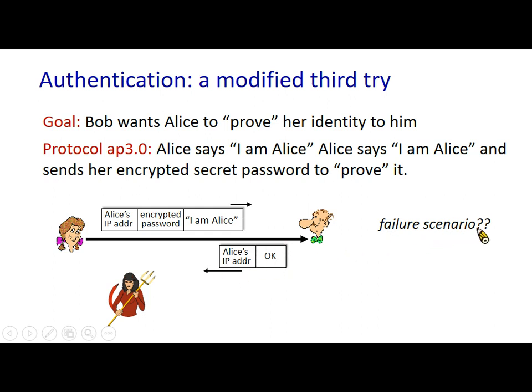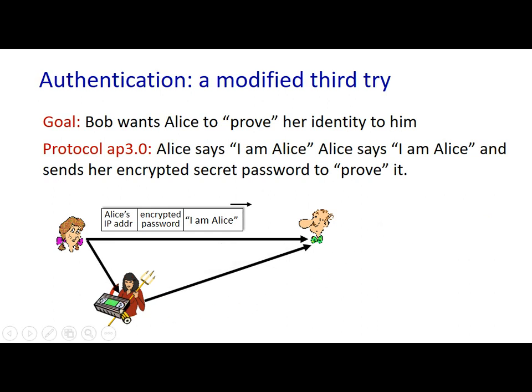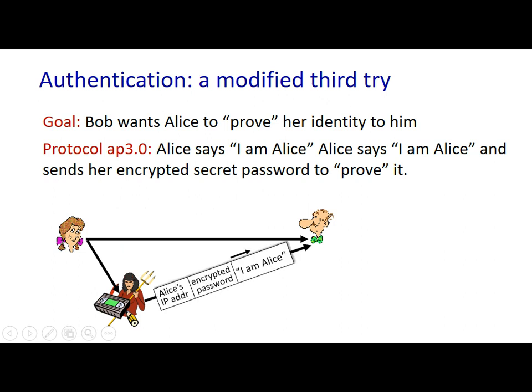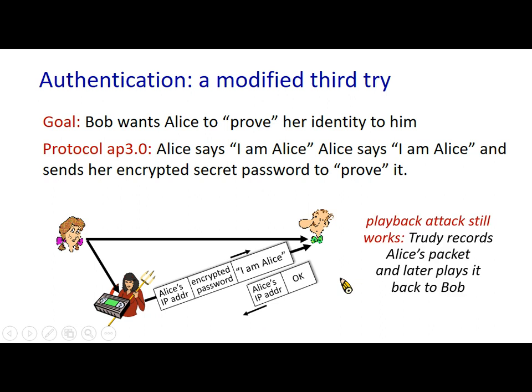The failure scenario: Trudy still wants to hack. With the same mechanism, she gets Alice's IP address and the encrypted password, says "Hi, I'm Alice" to Bob, and Bob says okay. The playback attack still works: Trudy records Alice's packet and later plays it back to Bob.